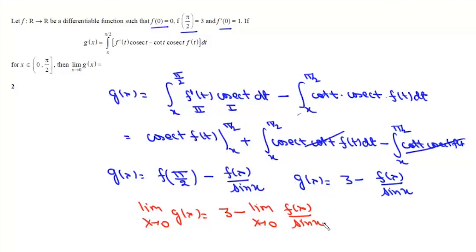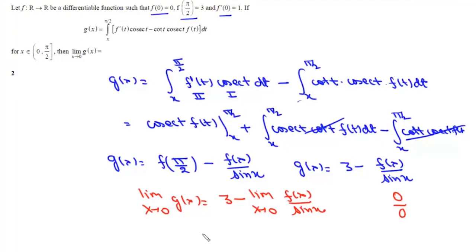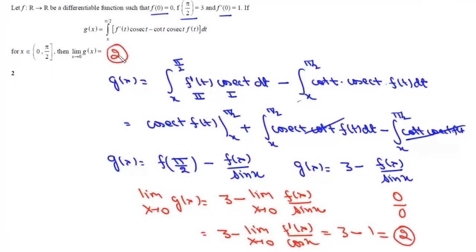Now f(0) is 0 and sin 0 is 0, so it is a 0 upon 0 form. So we can use L'Hopital's rule. So it will be 3 minus the limit as x tends to 0 of f dash x upon cos x. Now f dash 0 is 1 and cos 0 is also 1. So 3 minus 1 is 2. So the answer to this limit is simply 2.